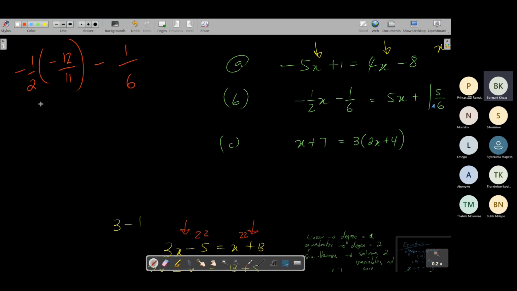What do we get here? And then do the same for 5 into minus 12/11 plus 5/6. We agreed that we can convert this. We had 11/6 for this one. Right. Are we getting the same answers?